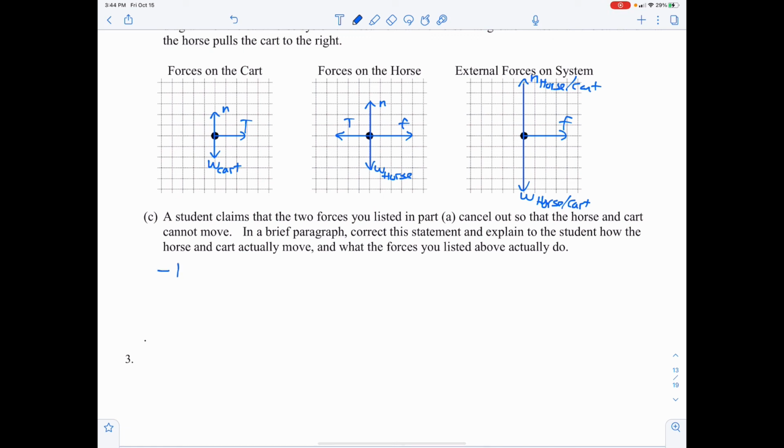Okay, so the tension, well, they do not necessarily cancel, because they are on different objects.